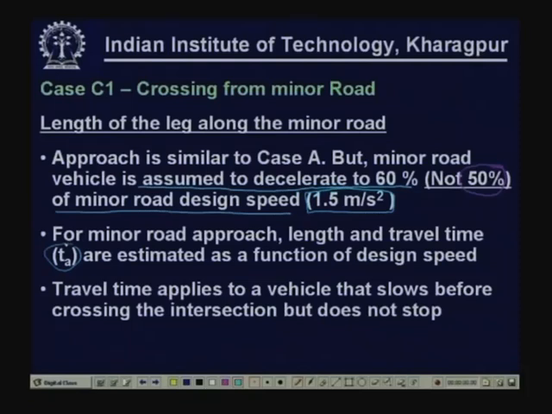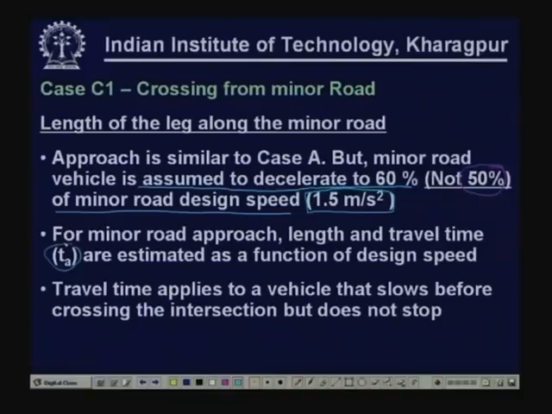In this case, both the length and the time required to cover that distance are given as a function of the design speed for the minor road. Table values are given in AASHTO.